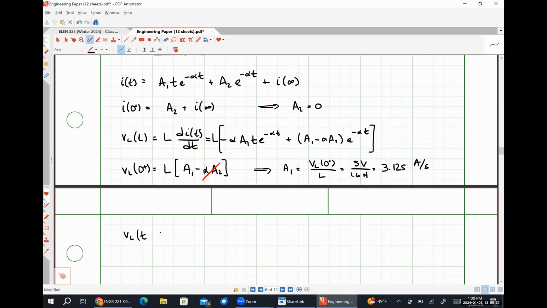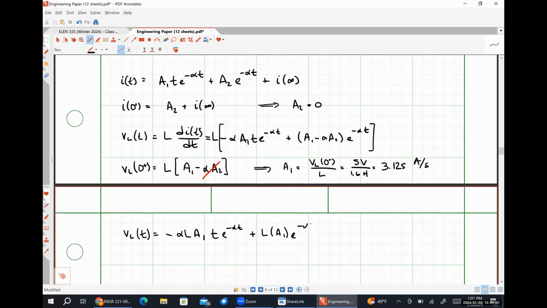So VL of t is going to be, let's see, negative alpha L times A1 t e to the negative alpha t plus L times A1, because A2 is 0, I'm just leaving that part out, e to the negative alpha t. And so I'm just going to substitute stuff in.